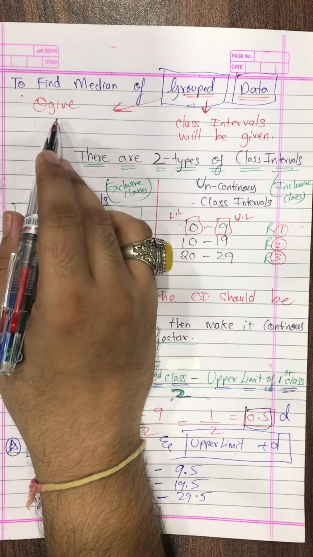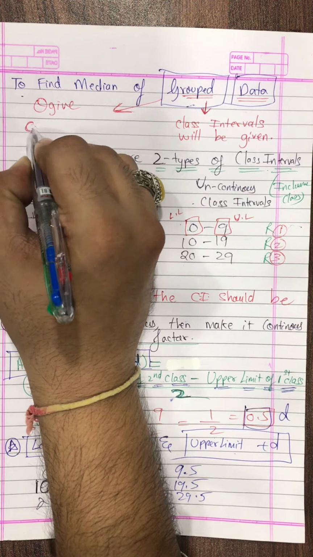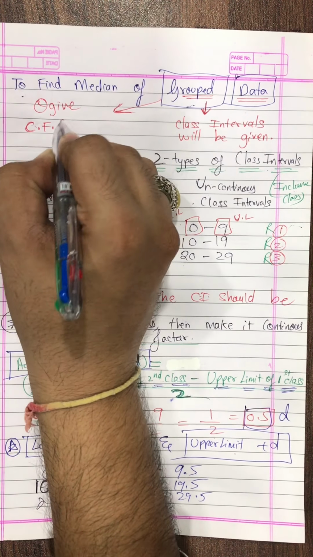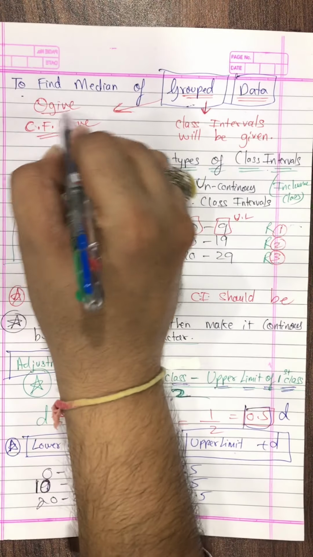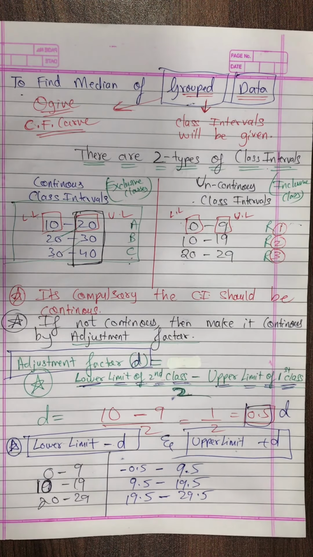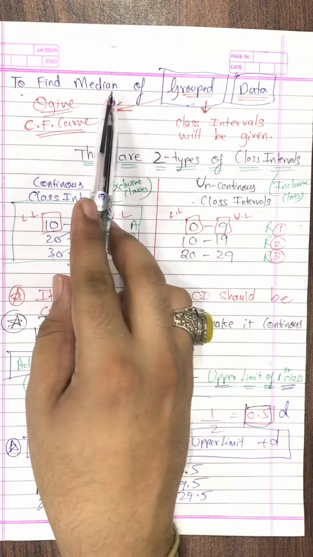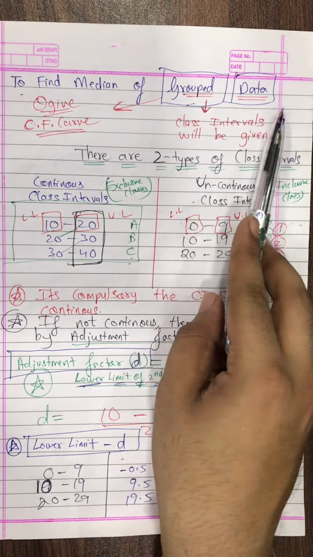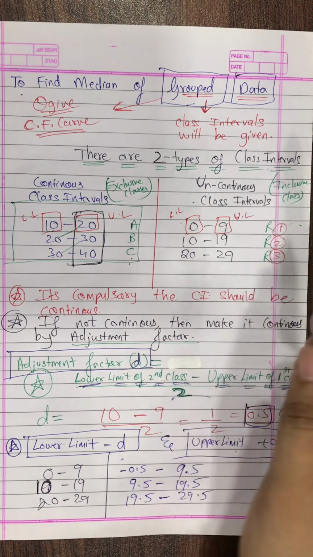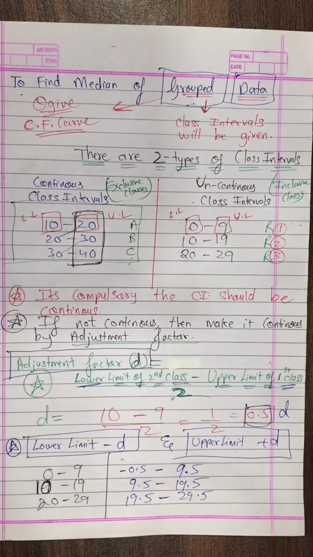Another name for ogive is cumulative frequency curve, CF curve. They can ask you this question in 3 different ways. They can just tell you find median of group data. If they ask you median of group data, it does not come in any other way except drawing ogive.